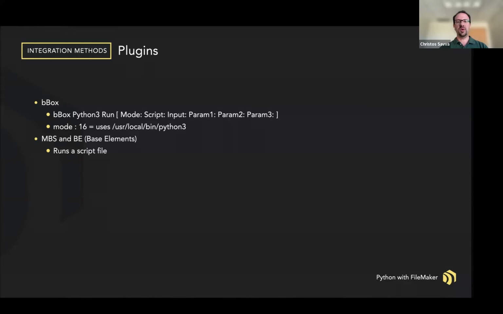You need to specify the mode as well for how the Python would run. You can find all this in the documentation, but usually mode 16 is good for most people, especially when you have different versions of Python, and mode 16 uses the default Python 3 executable.